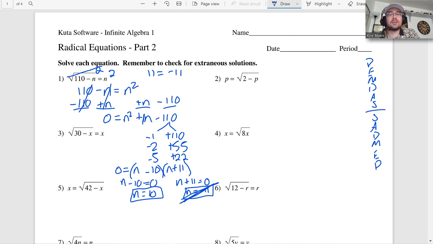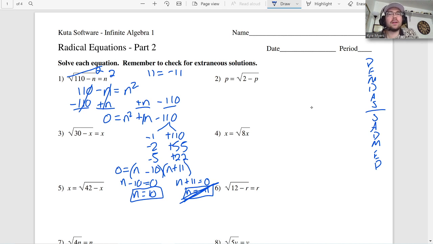Now for number 2, we'll still show most of everything, but as we move along, I'm not going to show as much work. 1, because there's no space to do that. And 2, once you start to get the hang of it, it's going to be kind of annoying if you're like, oh, he's showing every single step still. Because eventually you want to not have to do all these steps. You want to be able to just get the answer in less than a minute.